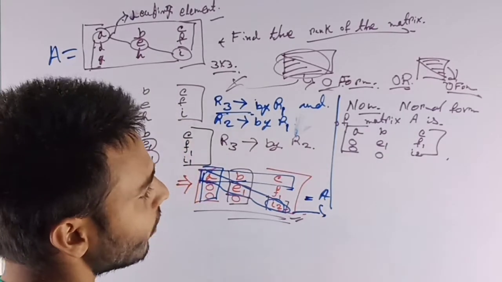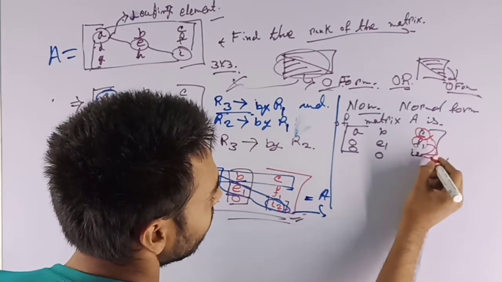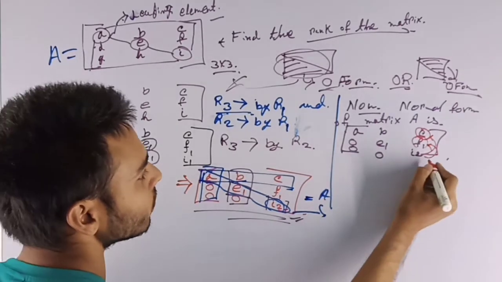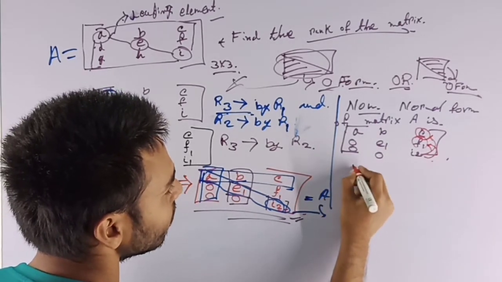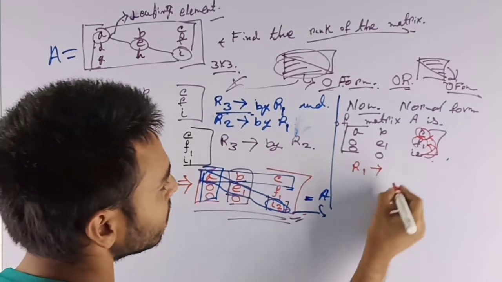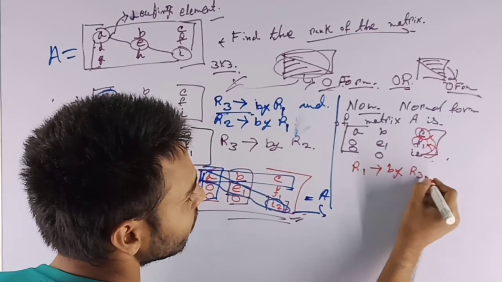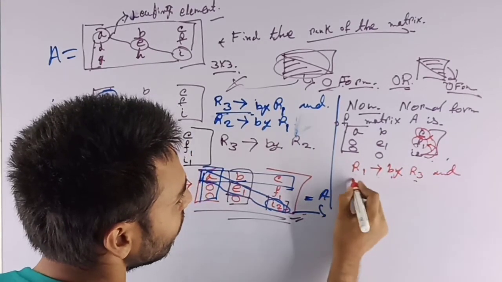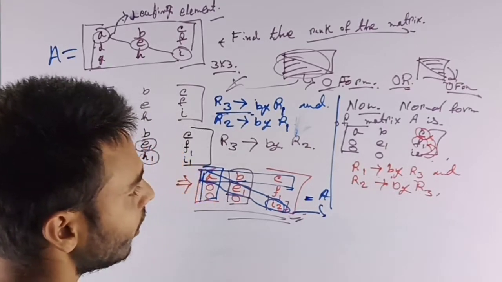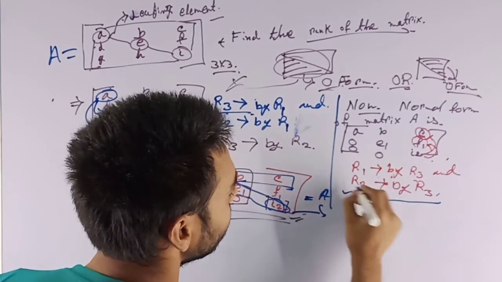So C1 is interchanged with i2 and f1 is also interchanged with i2. That is the first operation in interchanging this matrix. So R1 is interchanged by R3, and R2 is interchanged by R3. As well, R1 and R2 are interchanged by R3 as the main factor of this.